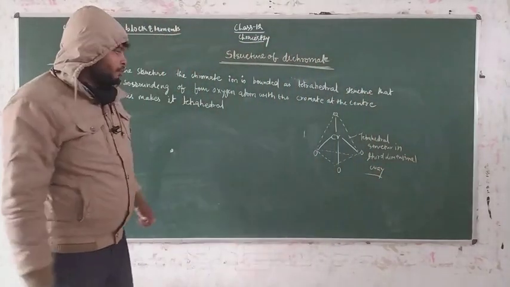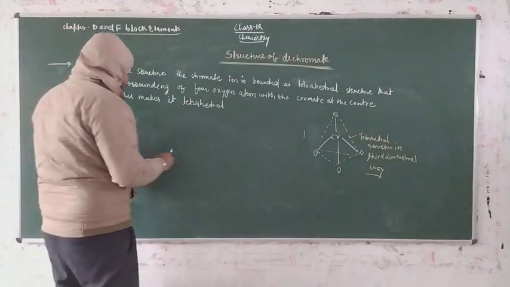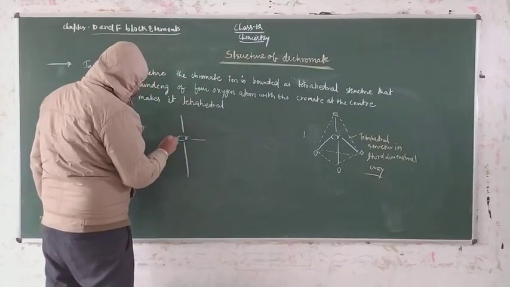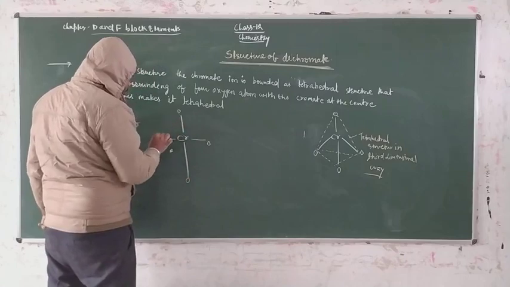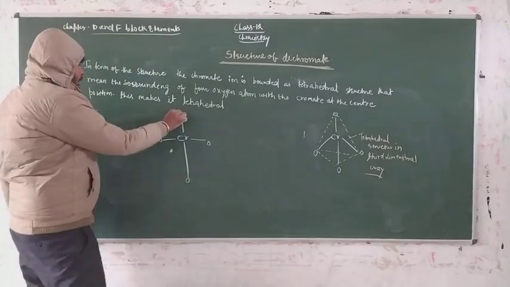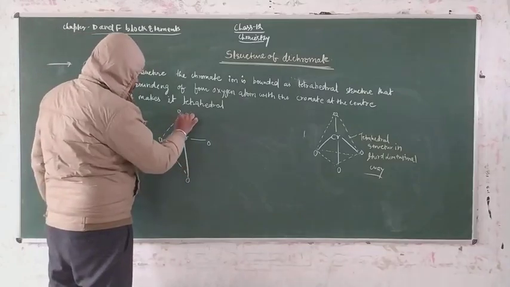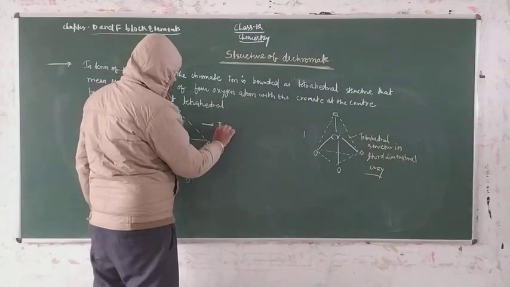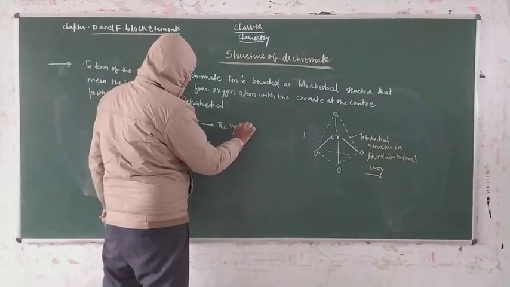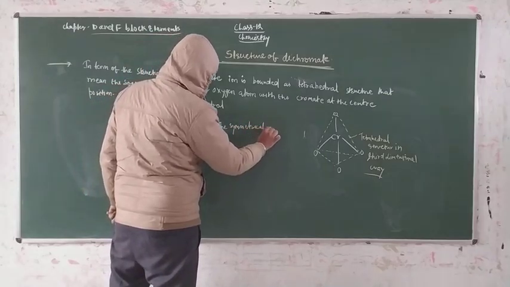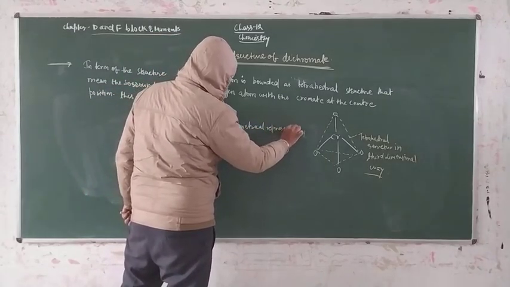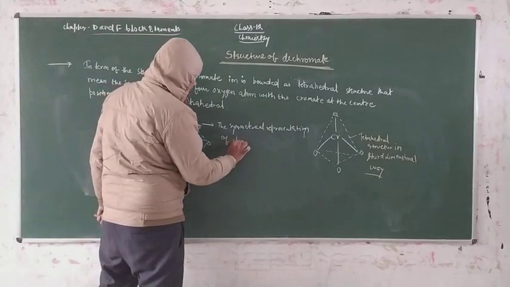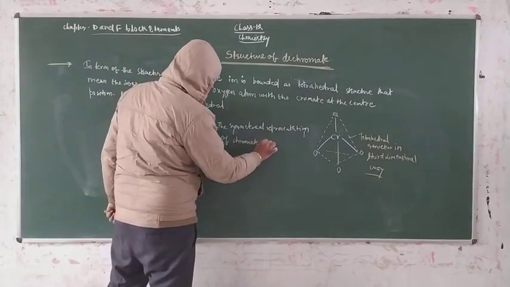This is also prepared in the way of a symmetrical plane, just like this is Cr, 1, 2, 3 and 4. This is also here, this is also here. This is the symmetrical representation of the chromate ion.